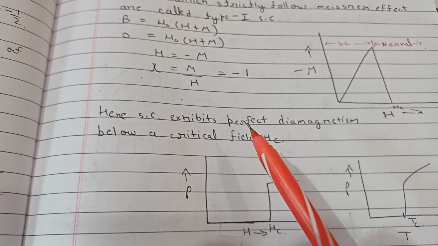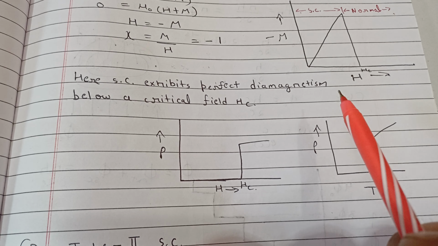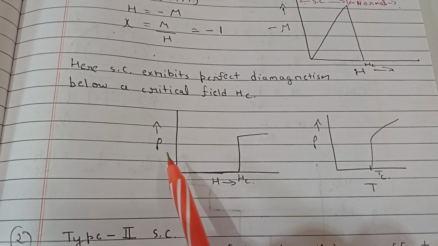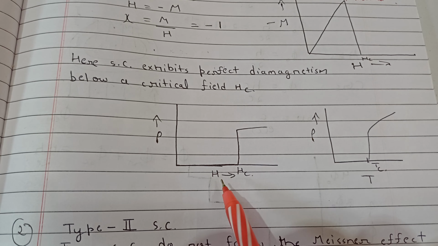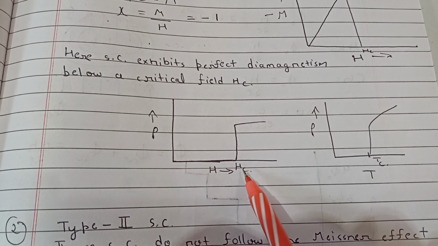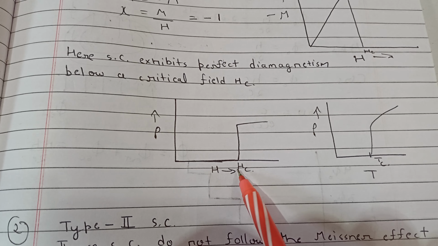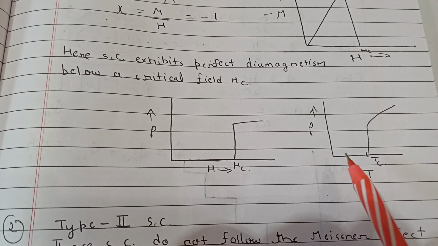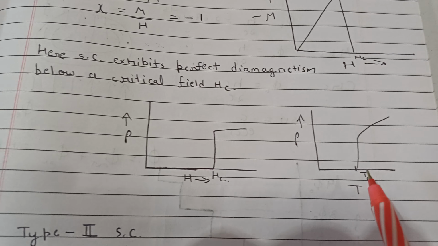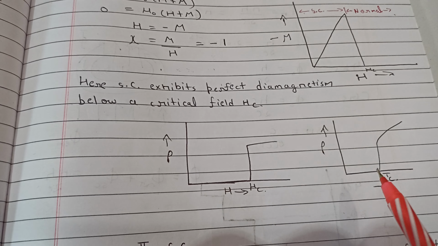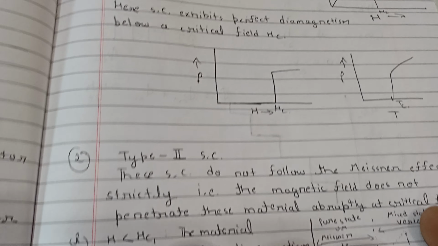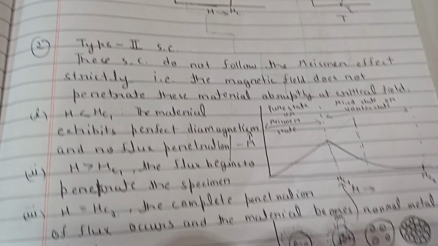From here, if we plot resistivity with the field, then resistivity will drop to zero immediately below HC. Similarly, if we plot resistivity with temperature, then below TC the resistivity will drop down. So basically type 1 follows strictly all the superconductor laws, but it's not the case in type 2. Let's study.